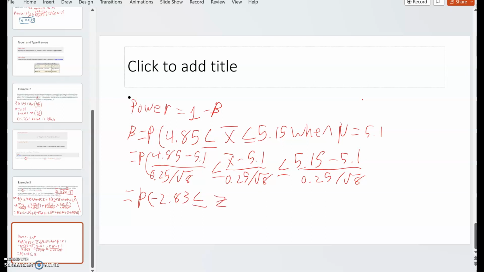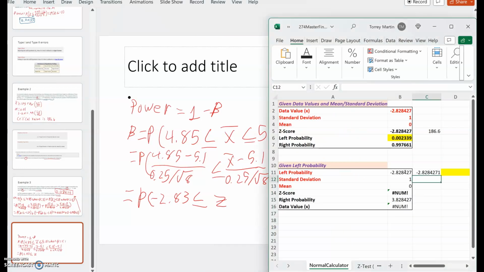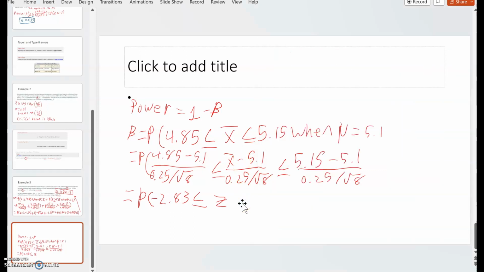Because we're turning these into Z's, or we're trying to find the Z-score. Then for this next one, I just have to change it to 5.15. Enter. All right, this is going to give me 0.566. So 0.566 is what we want.